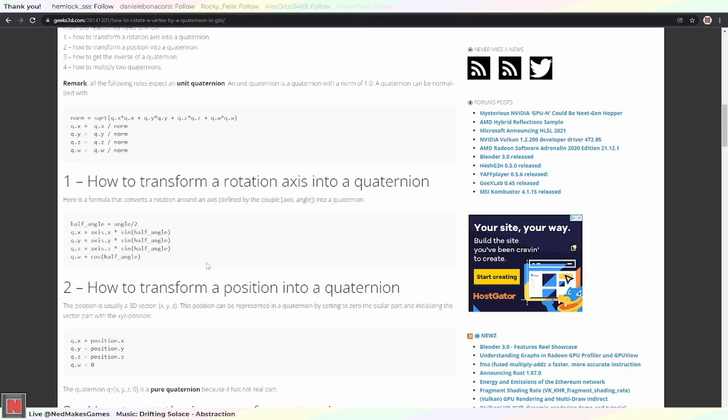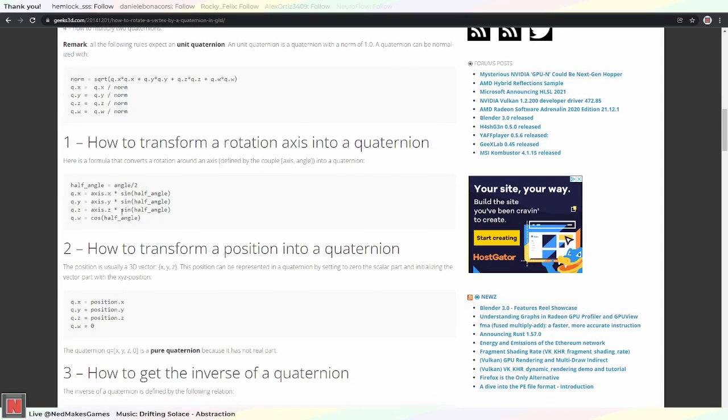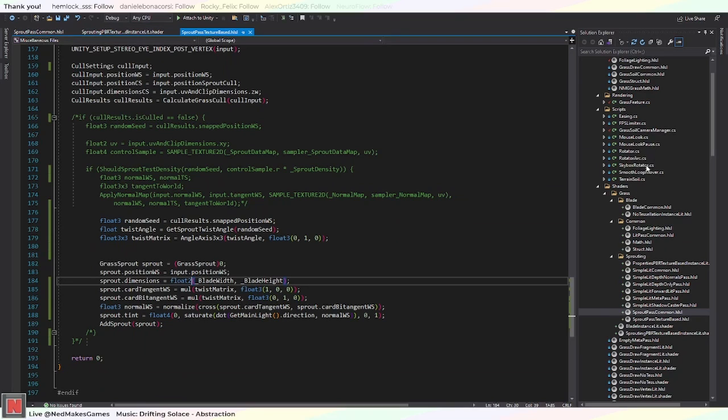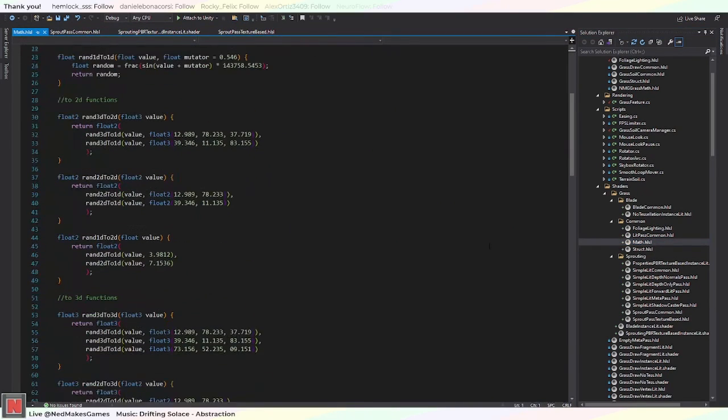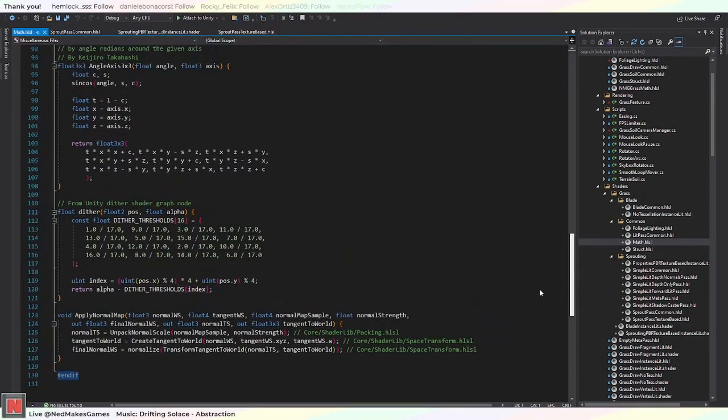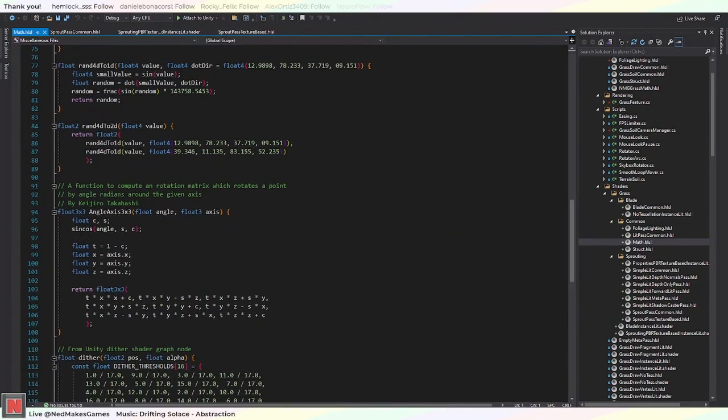Rotation around an axis. Okay, we'll probably need this. Okay, so this is about the same. So we have to do one sine and one cosine. Let's see, so for angle axis, yeah, we also have to do a sine and a cosine. Okay, there's a lot more math here, but I think that when we rotate around a quaternion, it might kind of even out.